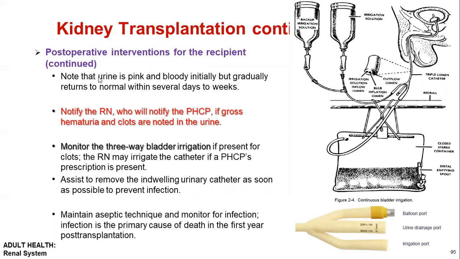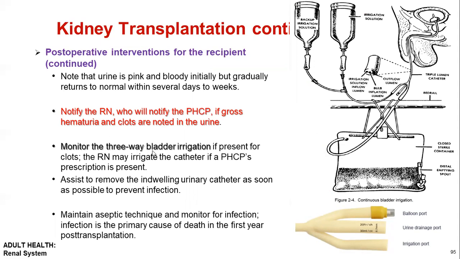Okay, so post-operative, note that the urine is pink or bloody initially, but gradually turns to normal within several days to a week. Notify the RN, who will notify the healthcare provider if hematuria or clots are noted in the urine. Hematuria means urine mixed with blood.